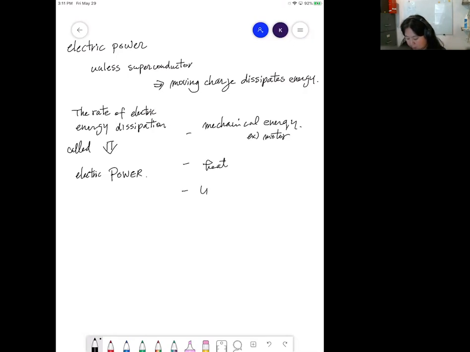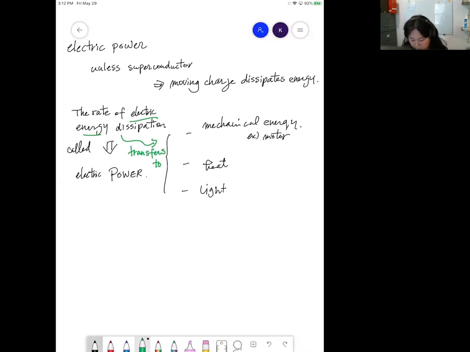It can turn on the light. The electric energy just transfers to all these kinds of energy.